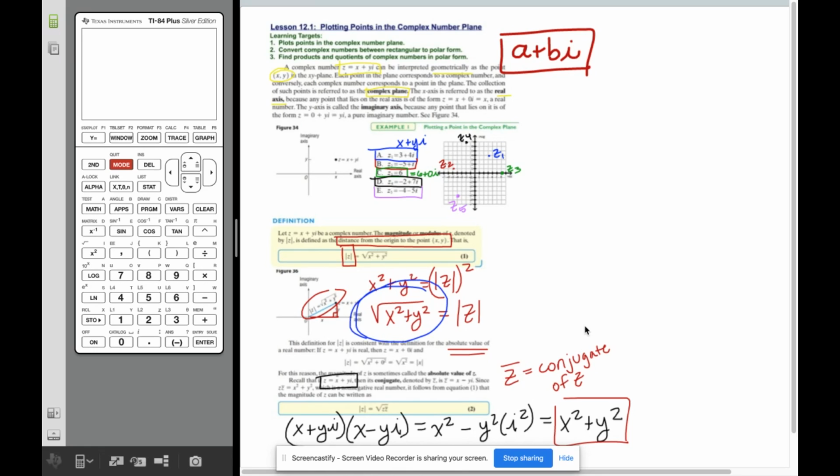The square root of x squared plus y squared, and this is x squared plus y squared, and these two can be connected because they would equal that. Let me run down the general process of what I just did: the absolute value or the modulus is going to equal this.